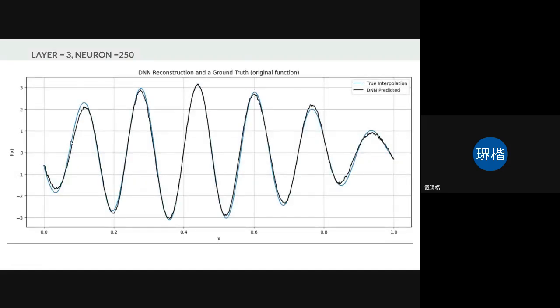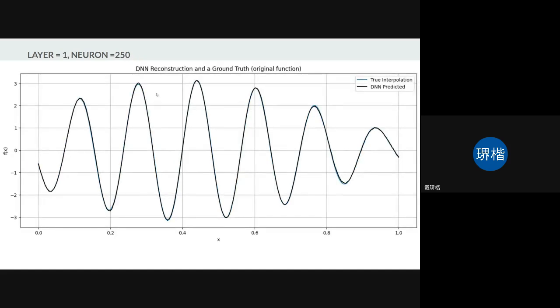This is the true function versus the DNN prediction function, also 3 layers and 250 neurons. The blue line is the true function and the black line is the DNN function. This is 1 layer and the number of neurons is the same, 250.